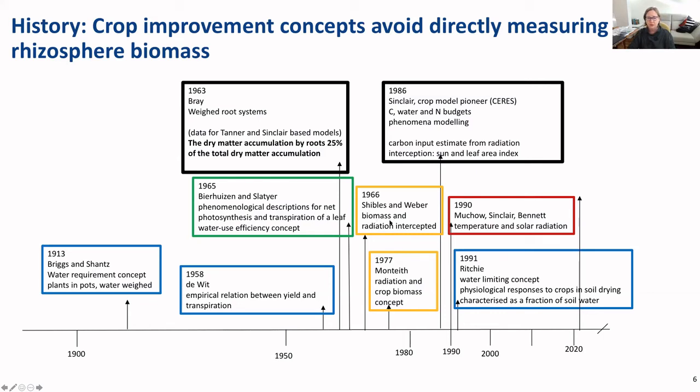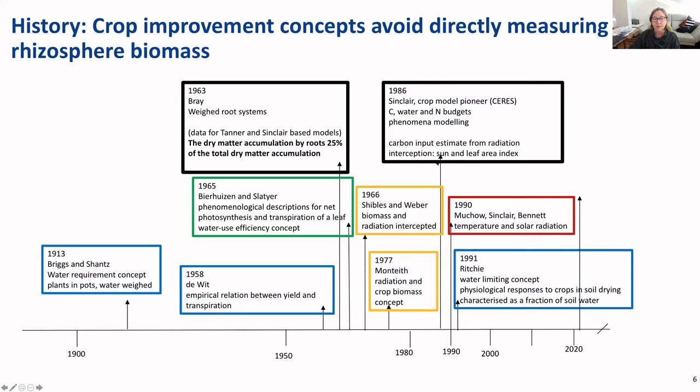I think it's just shoots, but it really began the idea that plant growth could be predicted from the radiation that is intercepted by leaves. And this was the Monteith concept, 1977. Crop biomass can be based on the radiation intercepted.